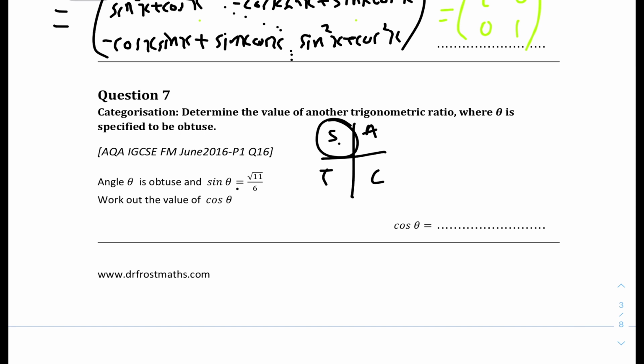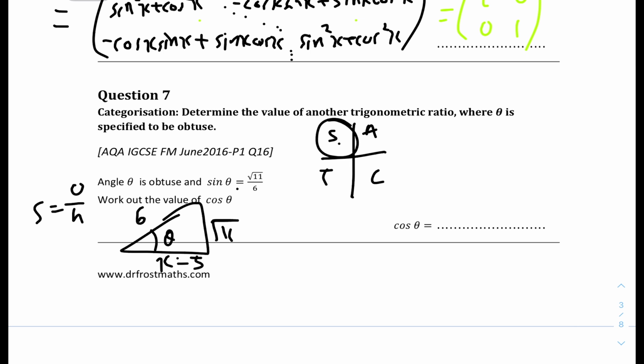So let's just draw out this triangle right here. Theta. Sine equals opposite over hypotenuse. So hypotenuse is 6. Opposite is root 11. And we have to find this unknown right here, which you can use Pythagoras theorem. 6 squared minus root 11 squared, and take the square root of the answer, which is 5.